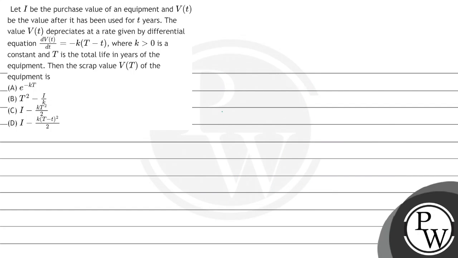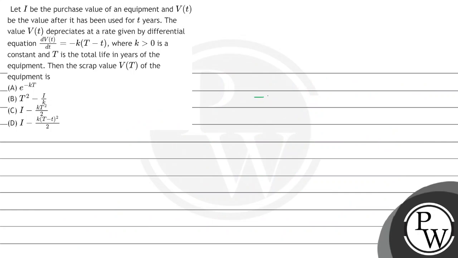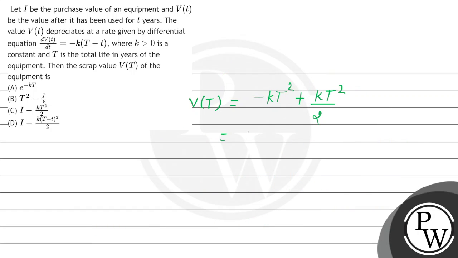Then we'll get the value finally. What we'll get here: minus kT square plus kT square by 2. So this is the value, because we have put the limits here. So finally we'll get this.